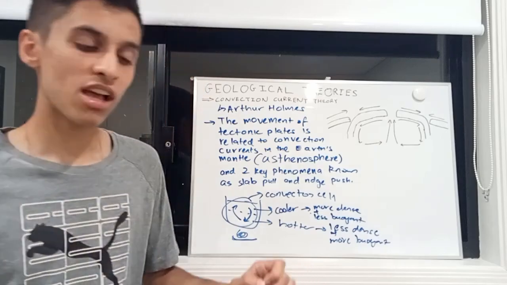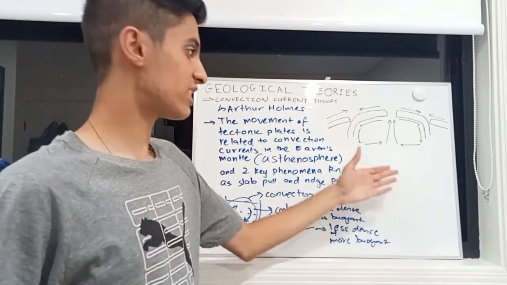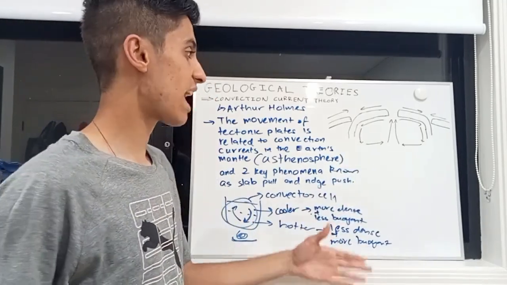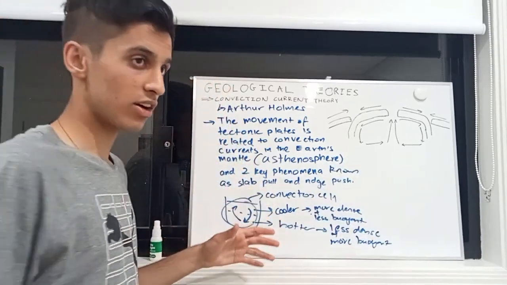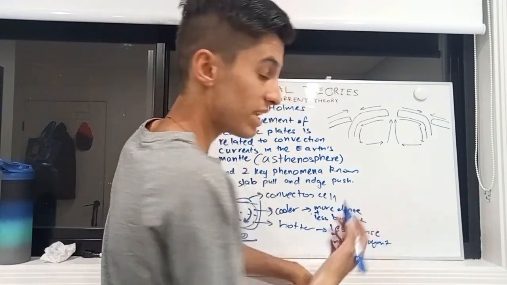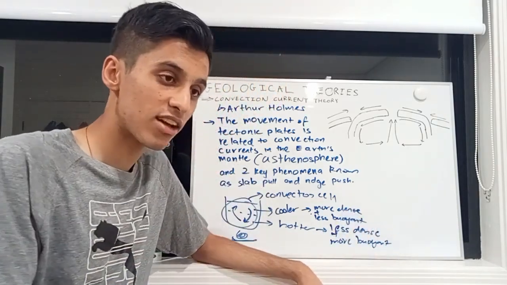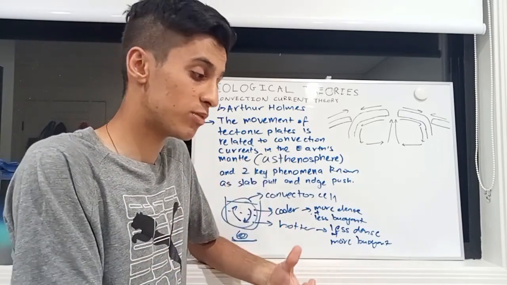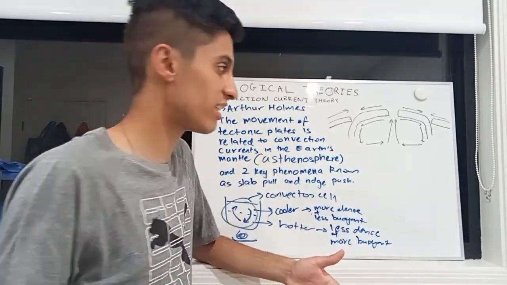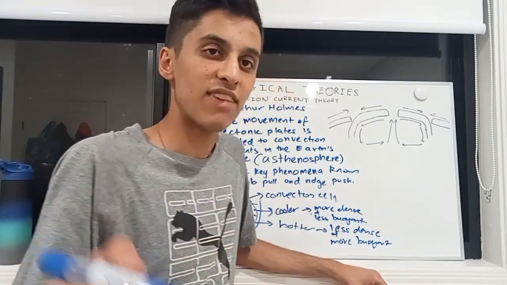Now, similar to this, Arthur Holmes suggested that similar occurrences happen in our asthenosphere. He suggested that the heat that moves the mantle, the fluid part of the mantle, is radioactive elements.